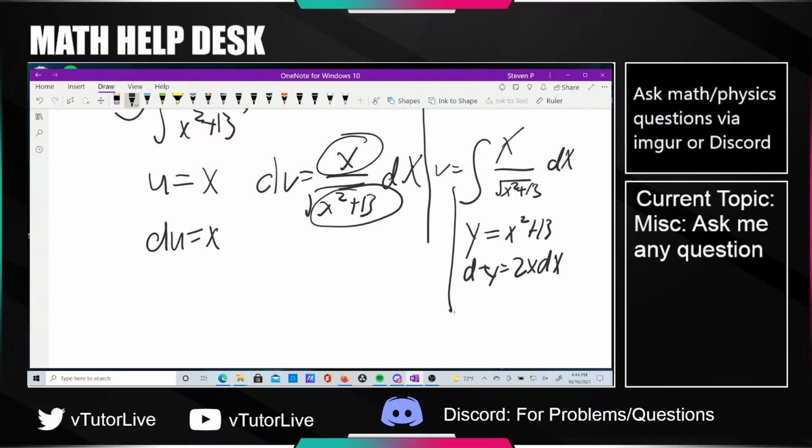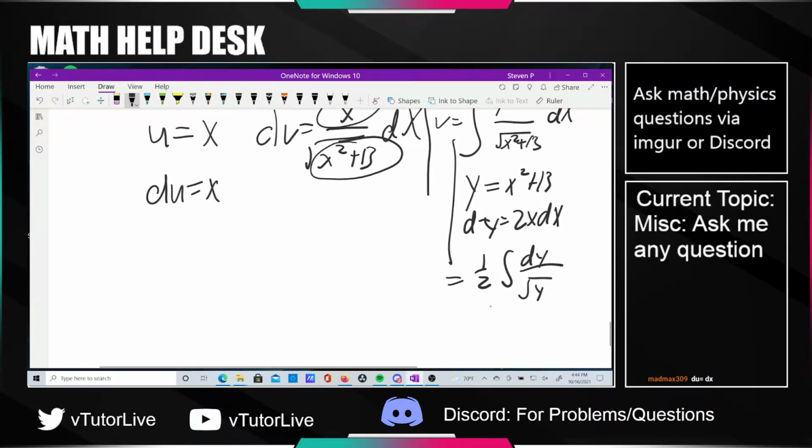So this integral becomes 1/2 dy over the square root of y. And you definitely know how to do this, right? You definitely should know how to do this. I guess we have another factor of 1/2 popping out, but this turns into, what is this, y to the 1/2?